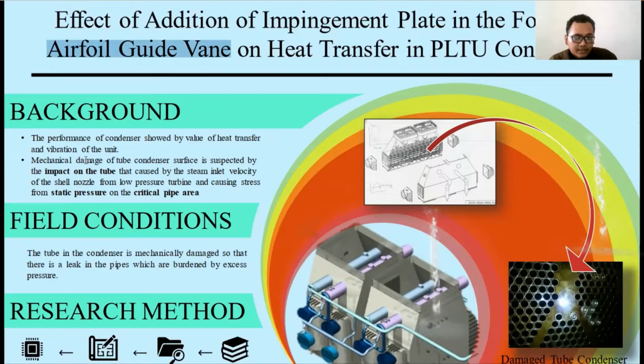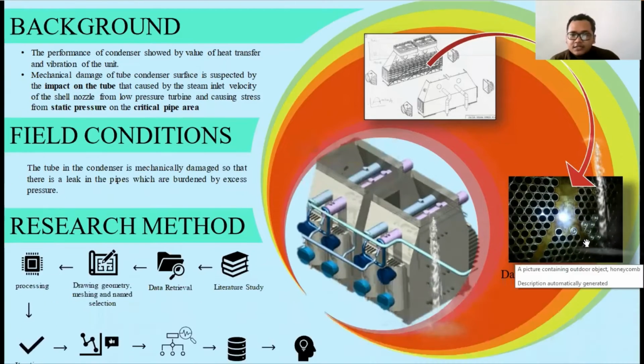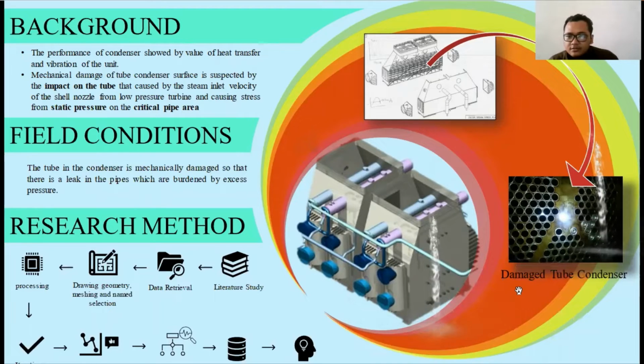the mechanical damage of the tube condenser surface is suspected to be caused by the impact on the tube from the steam inlet velocity of the seal nozzle from the low pressure turbine, causing stress from static pressure on the critical pipe area. So this is the picture of the damaged tube.